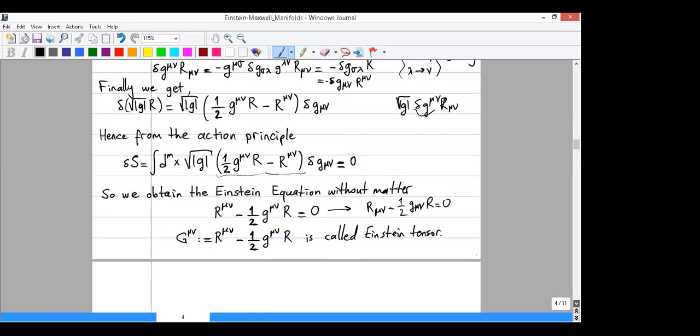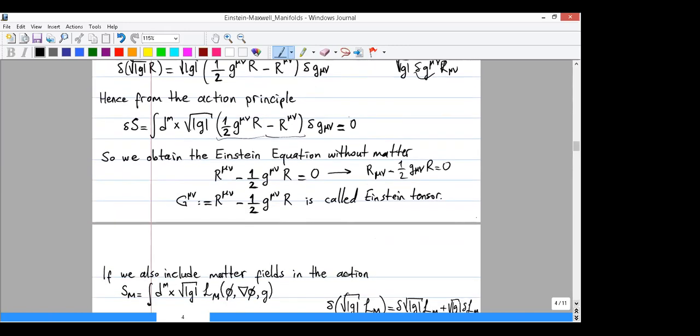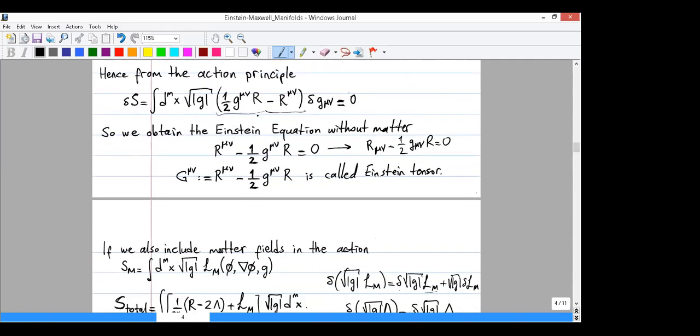So from the action principle, delta S has to be equal to 0. Then we obtain the Einstein equation without matter. Here, this has to be 0. I just take the negative of this because it's already 0.